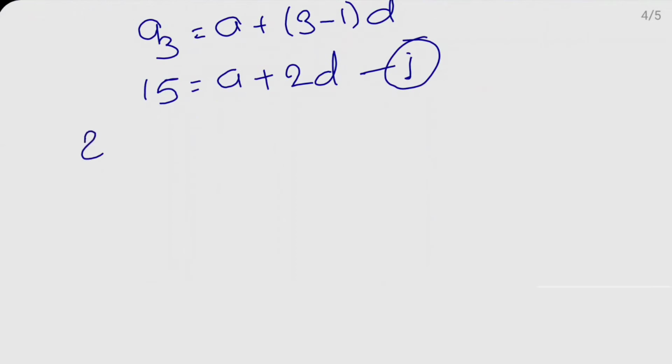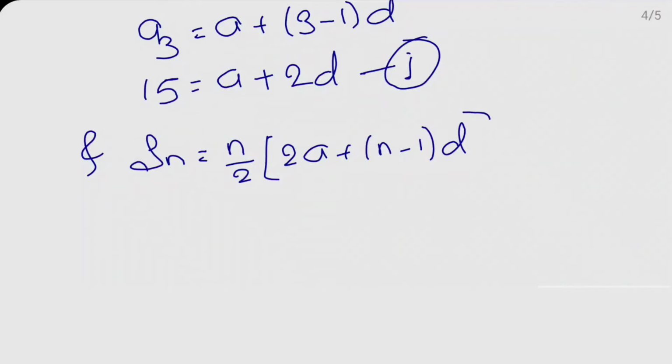So now Sn equals n by 2 in a bracket 2a plus n minus 1 into d, right? So here they have given S10, right? So S10 equals, n is replaced by 10.